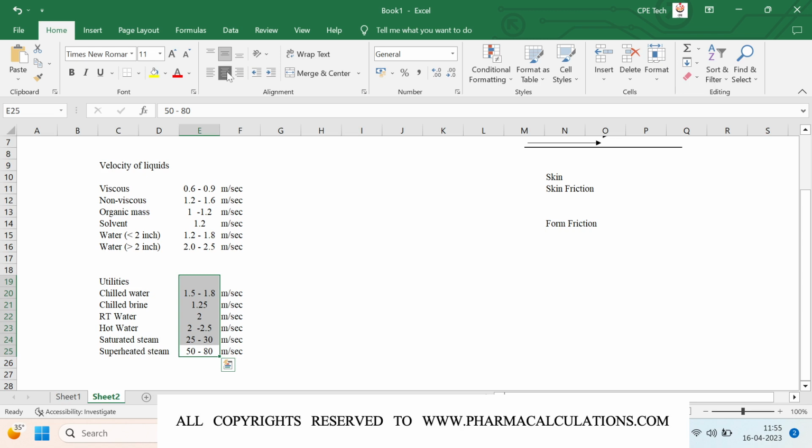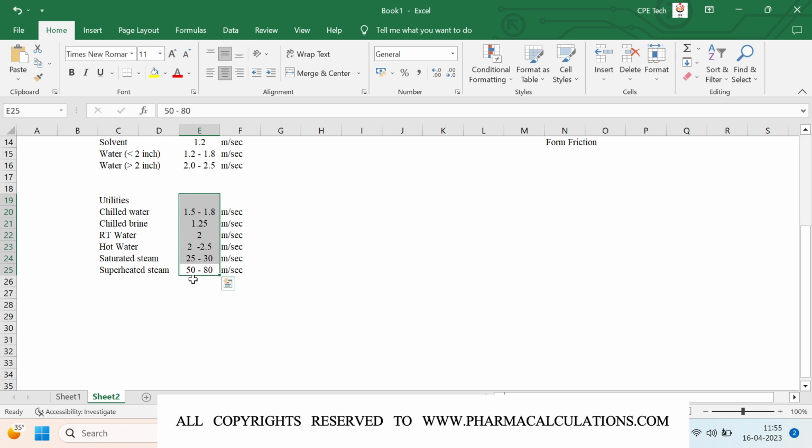And now let's get into the topic where we want to calculate the line sizing for different scenarios.